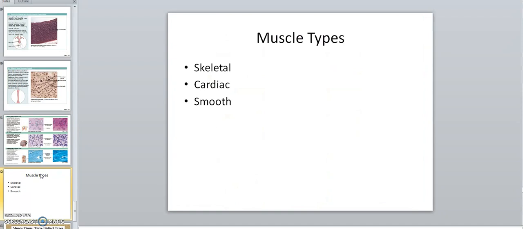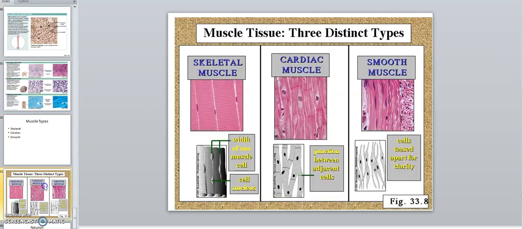Now we go to the muscle types: skeletal, cardiac, and smooth. Okay, let's look at those. Skeletal muscle is striated. Go back to the muscle section because the myofilaments are in a myofibril arrangement. Cardiac muscle is also striated. That's the fiber there. Cardiac muscle also has these things called the intercalated disc.